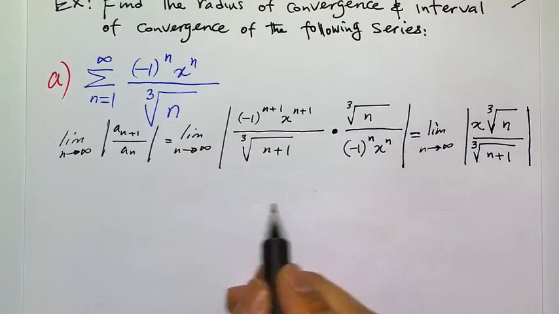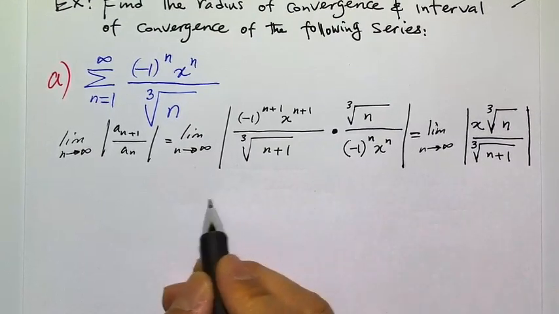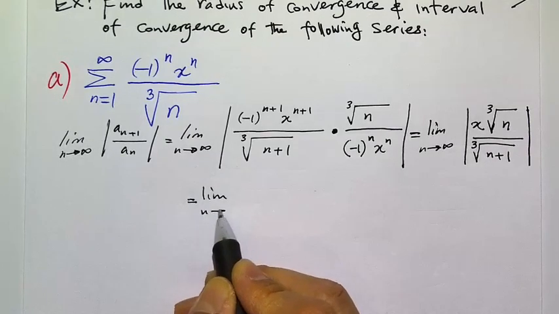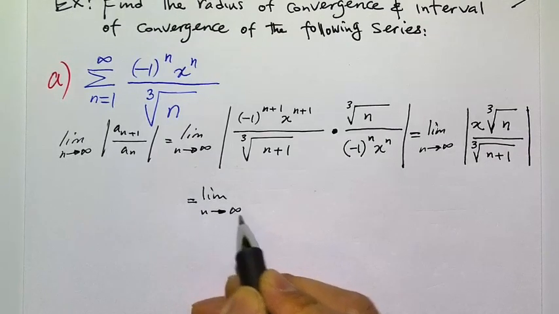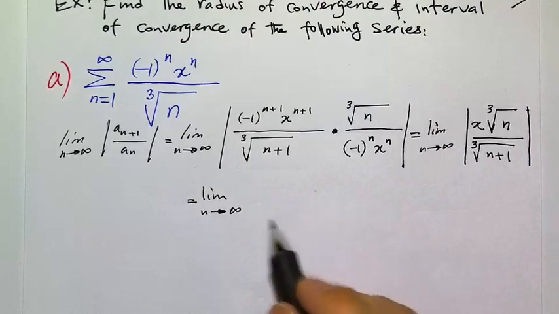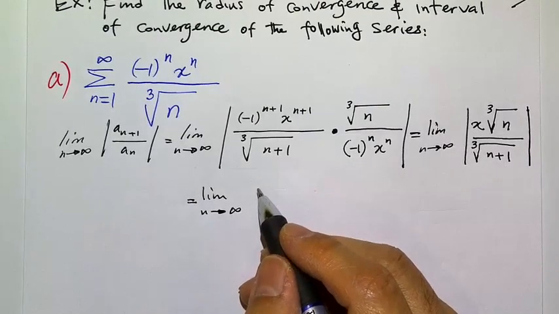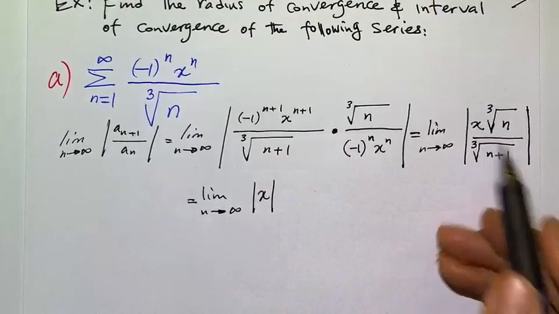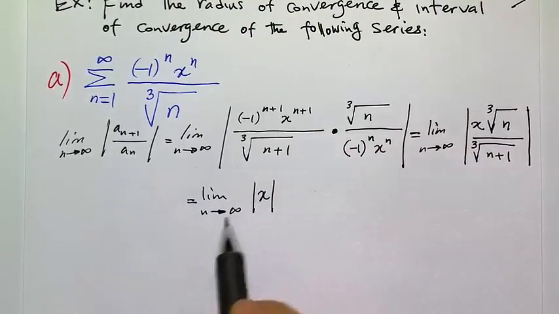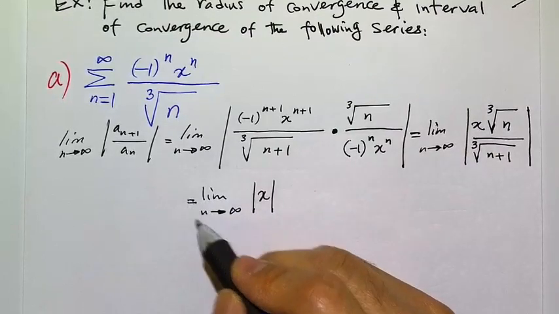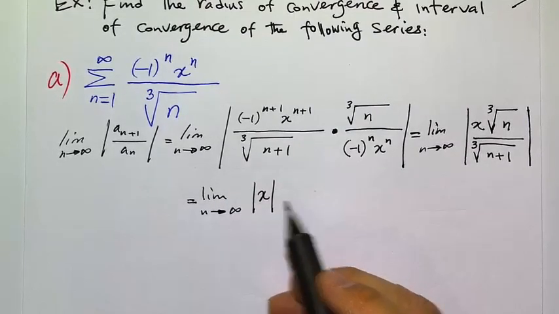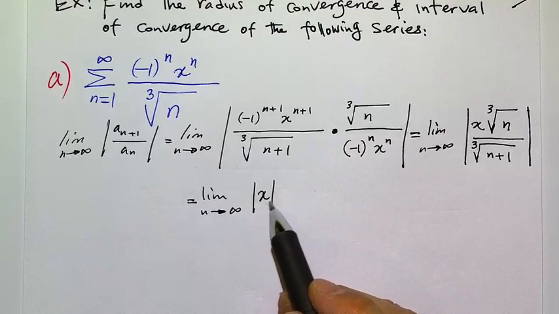So we can again simplify that, and I will write that here, that the limit as n goes to infinity would be just the absolute value of x. Actually, I should have put the absolute value of x here in front. It doesn't matter, but I will do that next.